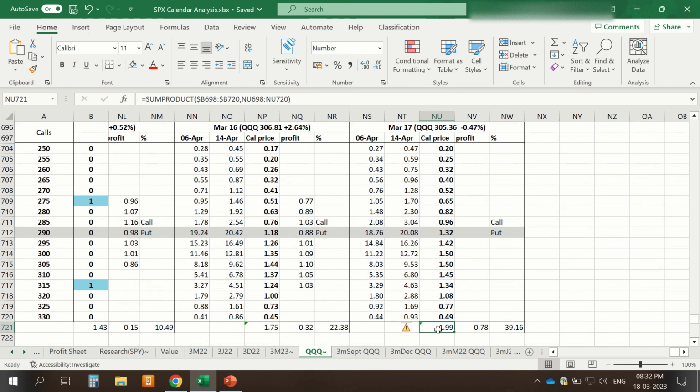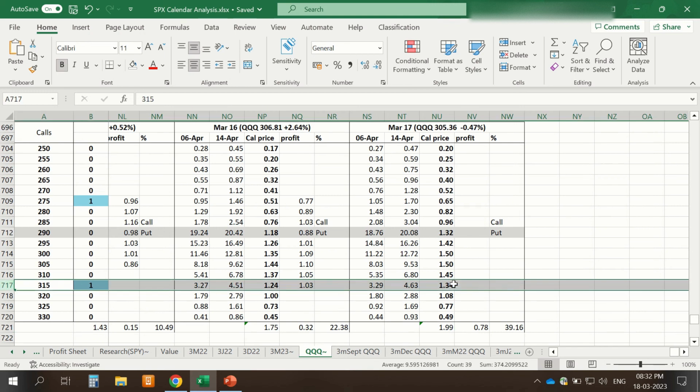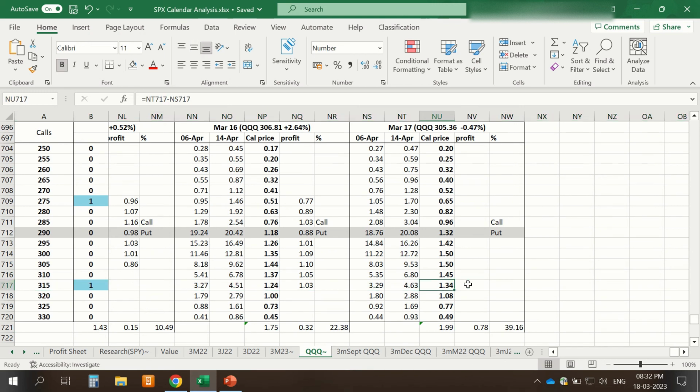There are good chances QQQ will fall, and because of the fall, this 315, which is right now 1.34, will come down drastically and you will get into losses. But if QQQ keeps on rising, then this will keep giving you more profits. Got it? Also if VIX doesn't fall, all these things. So it is not the case that if it is expensive, then don't buy it.